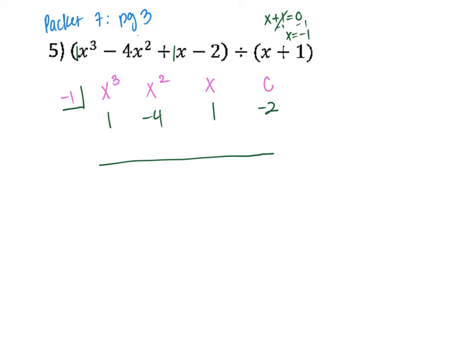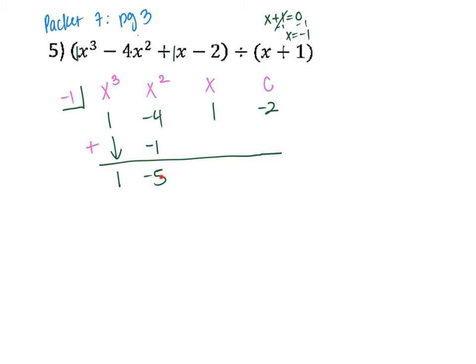And then I'm always going to bring the first number down, which is a 1. So you always bring down the first number. Then the numbers on the bottom get multiplied by the number in the box. So 1 times -1 gives you -1. And then once you have that number, you put it behind this line, and you always add the two numbers. So when you add, you get -5.